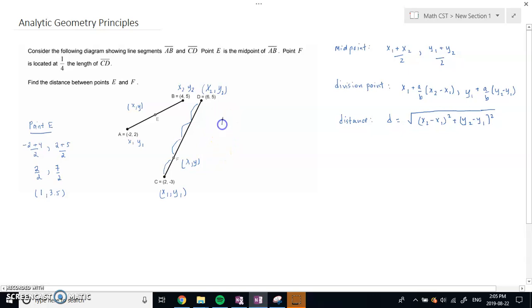So let's find point F. So x1, so that's 2, plus our fraction a over b, x2 minus x1, and that's all we have to do for our x-coordinate. For our y, it's the same procedure.